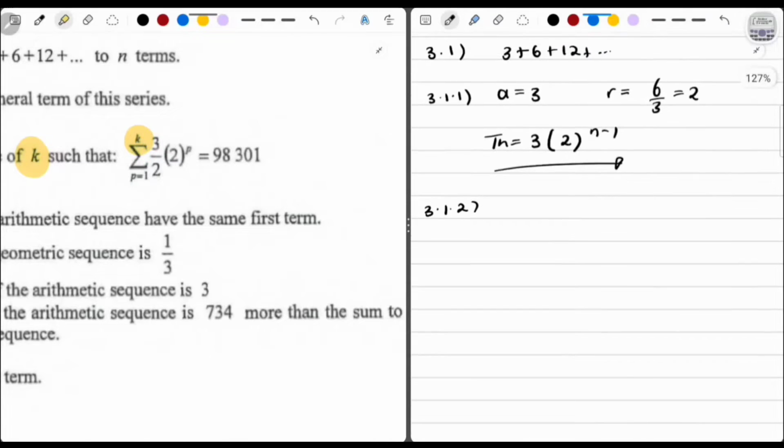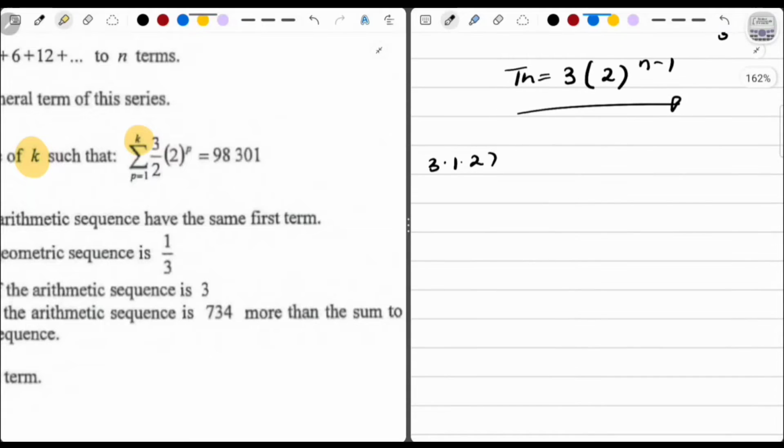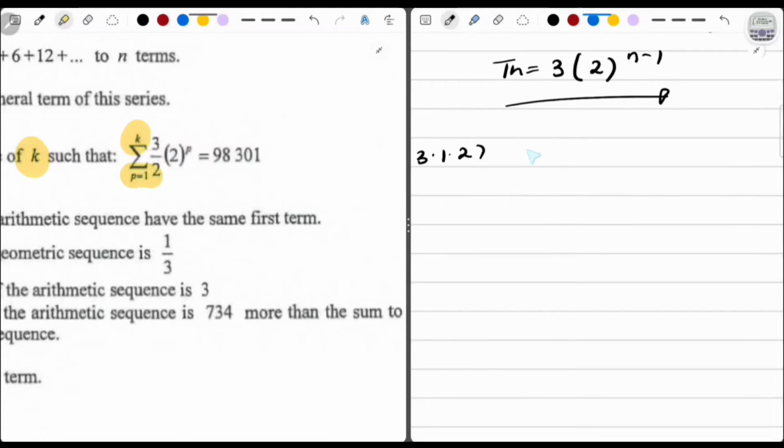To find k, you're just going to have to find out where exactly the series ends. The value of k is literally how many terms there are in this series because p starts at 1. So I'm just going to use the sum formula. I know the sum of the series, the sum of n terms, because I don't know the amount of n yet, or k terms, is equal to 98301.